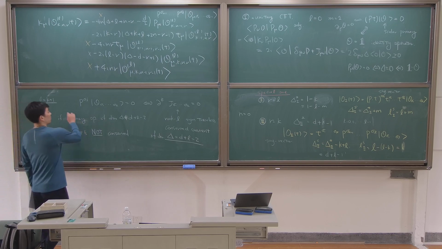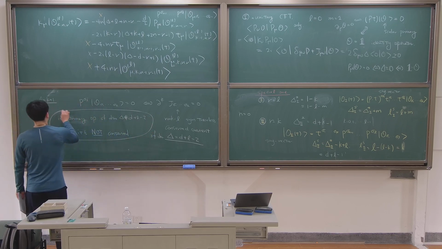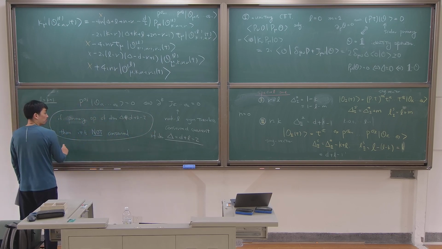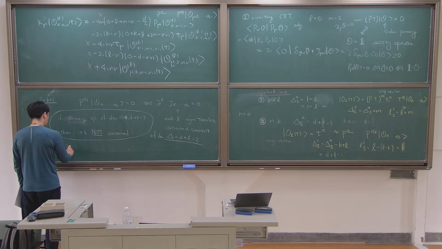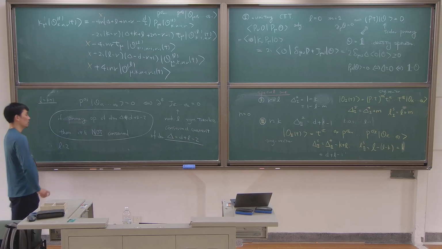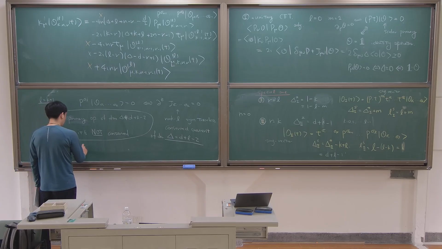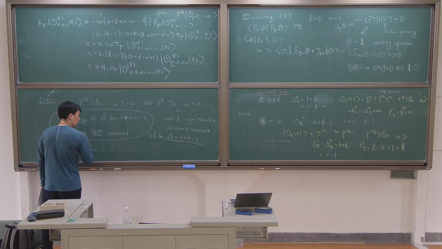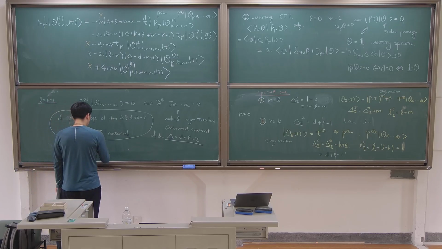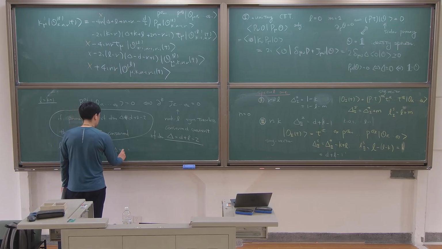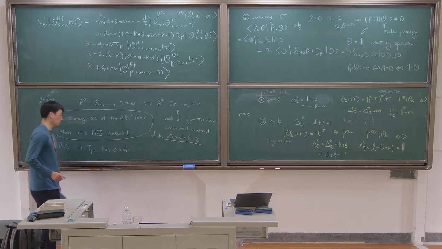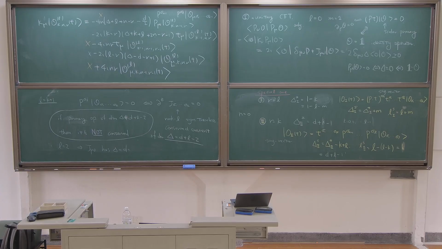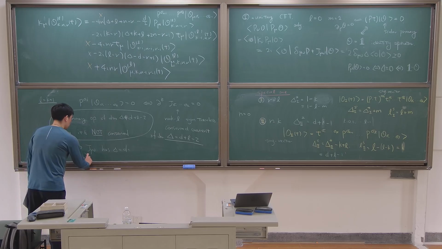Let's look at the example. Our favorite example is always spin equal to 2. In that case, J mu nu has conformal dimension D, and it's conserved.